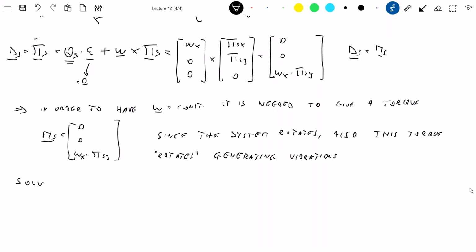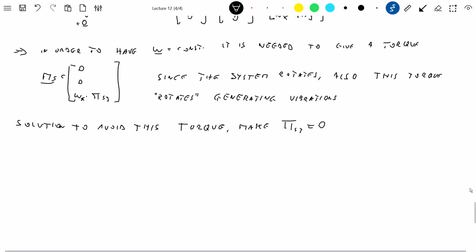So the solution to avoid this torque is to make pi sy equal to 0, okay? If we do this, then we eliminate this term and we are fine. We have a balanced system, a dynamically balanced system.